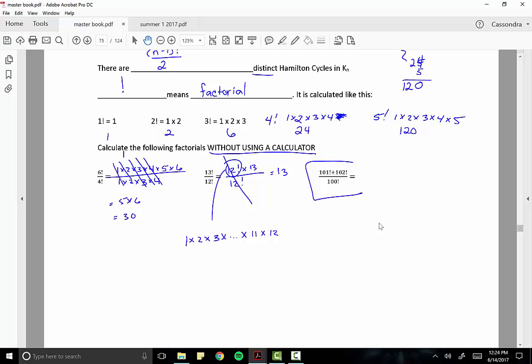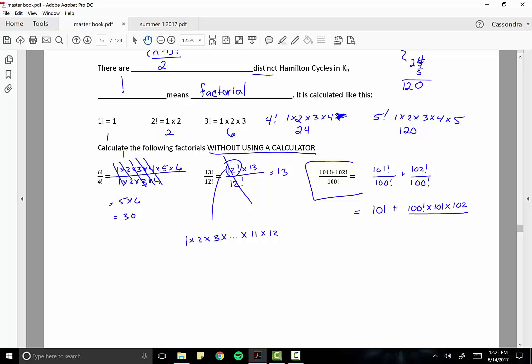So we're going to break up this fraction because right now the 100 factorial is the common denominator. So we're going to go 101 factorial divided by 100 factorial, and then plus 102 factorial divided by 100 factorial. So this is just 101 plus, now 102 factorial is 100 factorial times 101 times 102.